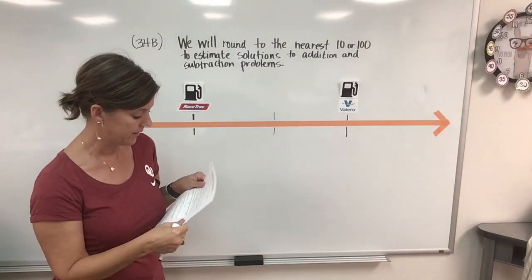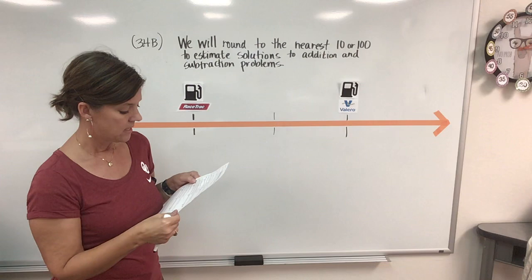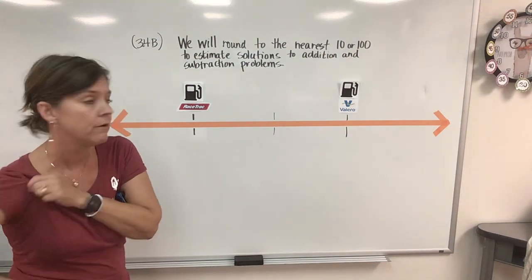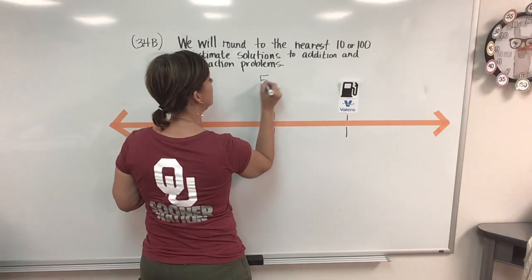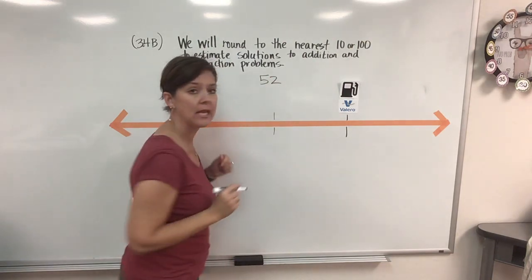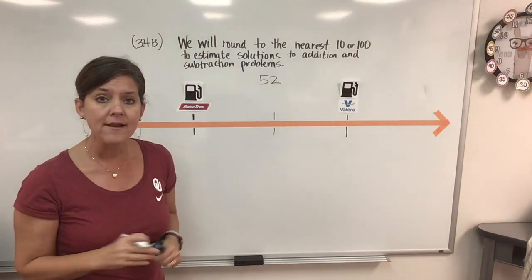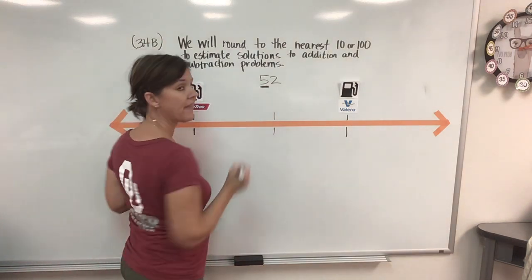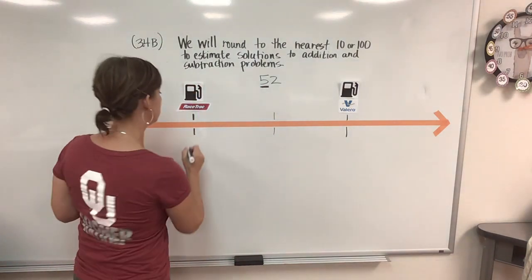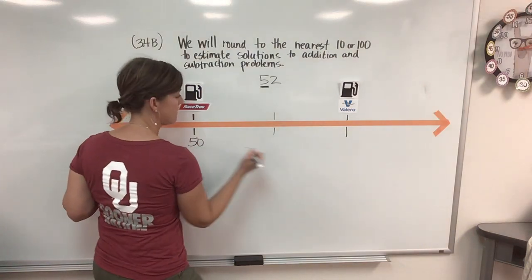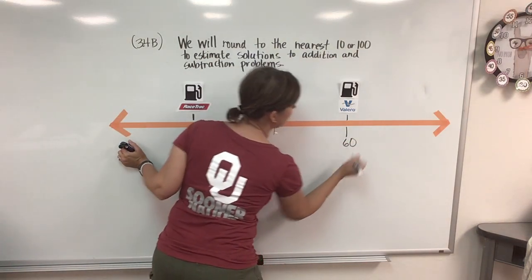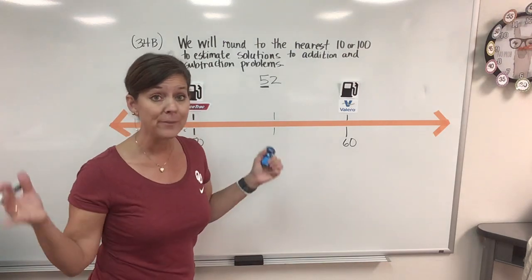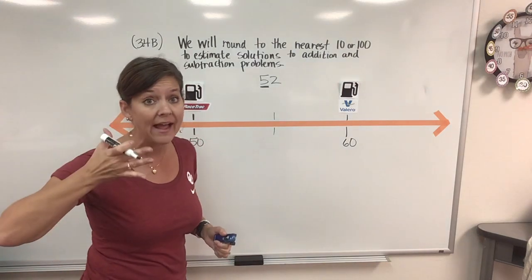The next number I'm going to round is 52. So again, I have to think about what are the tens around 52. I always start with that first number. So this would be 50, and this would be 60. And then halfway in between 50 and 60, between a 10 is always a 5.